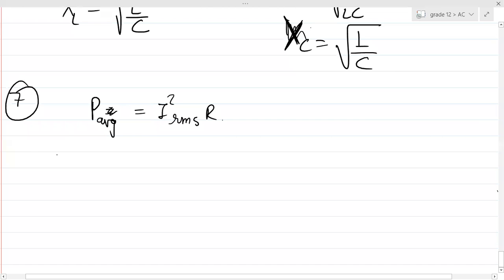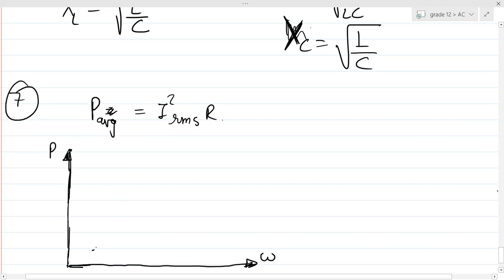So if I try to draw the graph again, the same graph which I drew for current. So this is, let's say, the maximum power. This is basically the average power, and these are your different omegas. So the graph will look like this. The graph will look similar to that of the current.